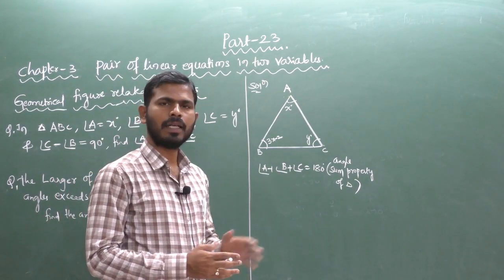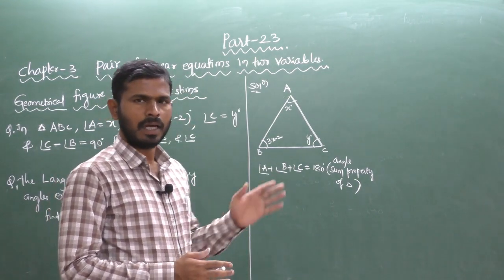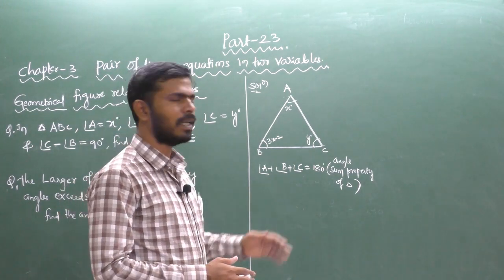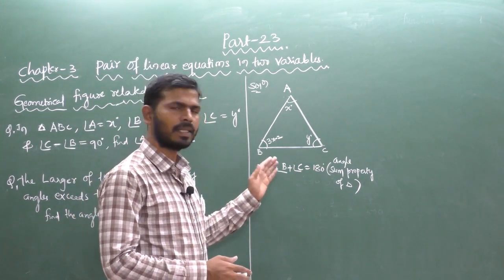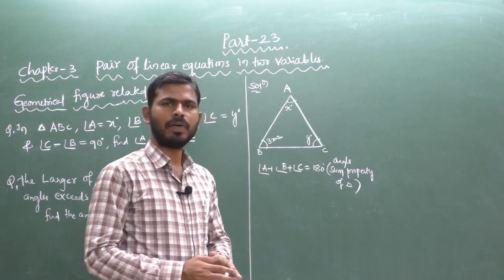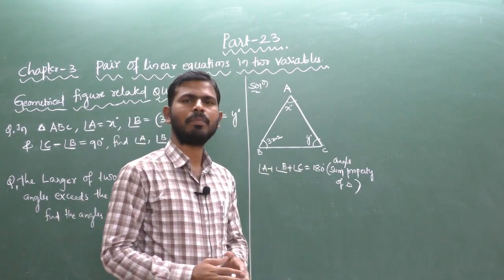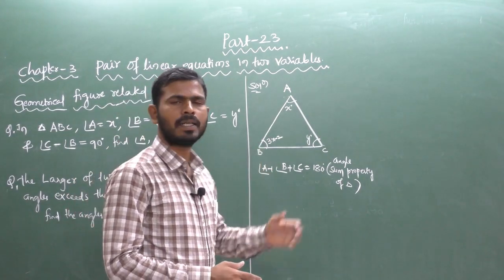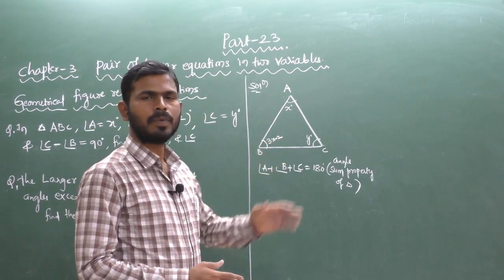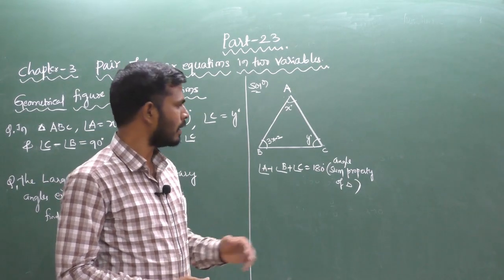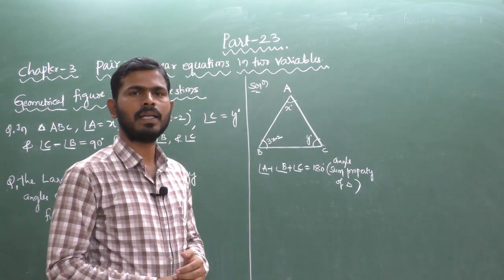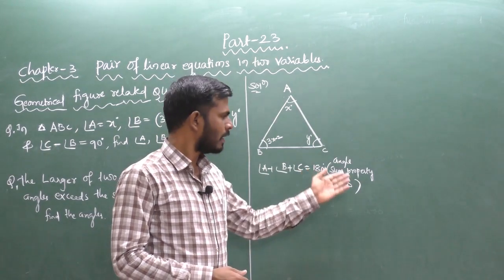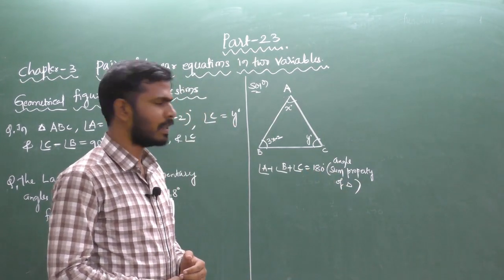For a cyclic quadrilateral, the opposite angles sum to 180 degree. Writing the reason is compulsory. If a quadrilateral is given, the angle sum property is 360 degree. Here a triangle is given, that's why 180 degree.